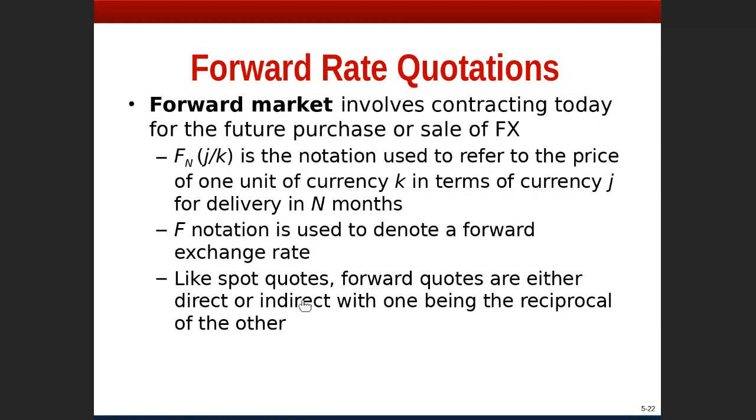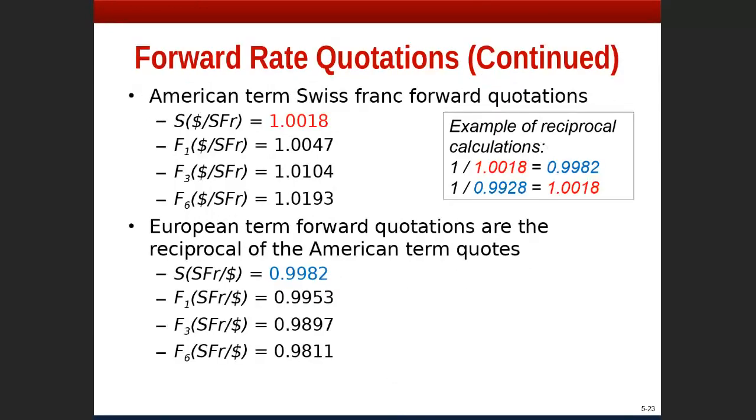Like spot quotes, forward quotes are either direct or indirect, with one being the reciprocal of the other, very similar to the spot market in that sense. Say, for example, here we're looking at American term Swiss franc forward quotations.